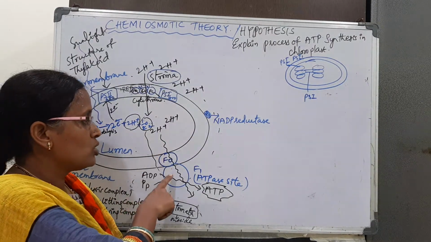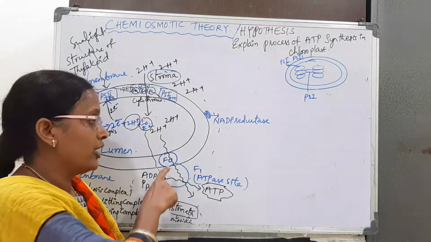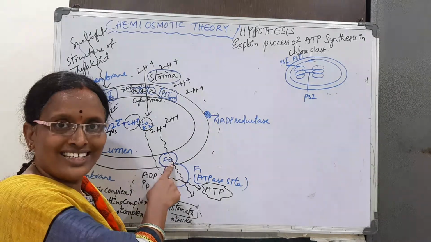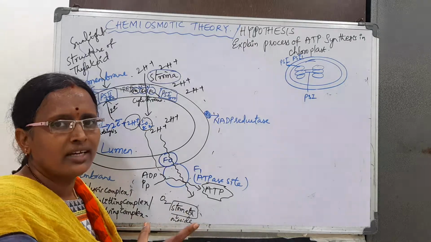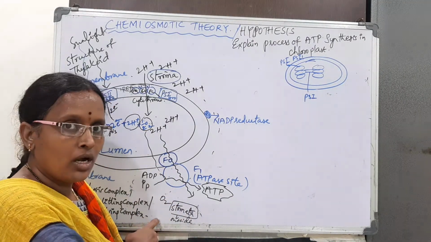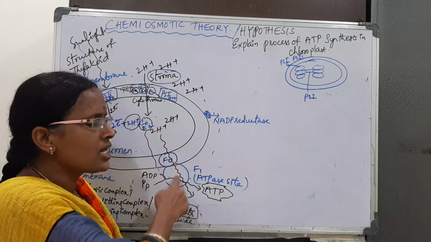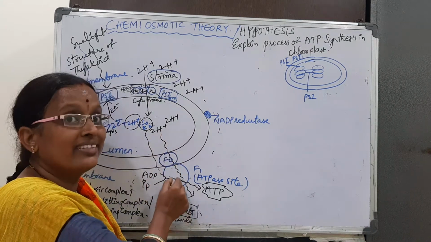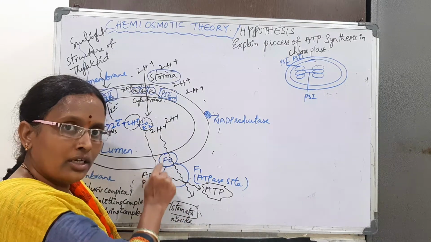So here the protein consists of two parts, the F0 part and the F1 part. F0 is present inside the membrane, which is known as the embedded protein. Outside, the F1 particle is present in the stroma. While the protons are pumped out through these channels, they release some energy, going from higher energy to lower energy.